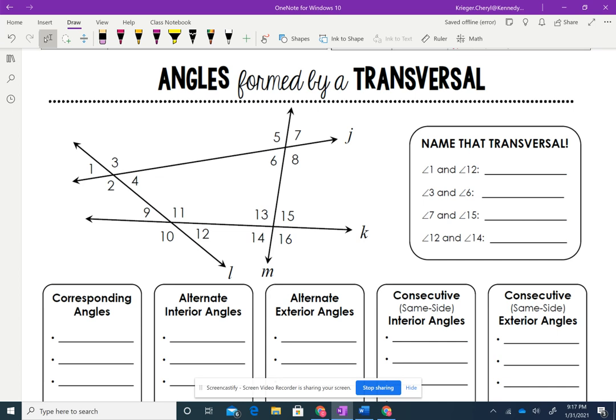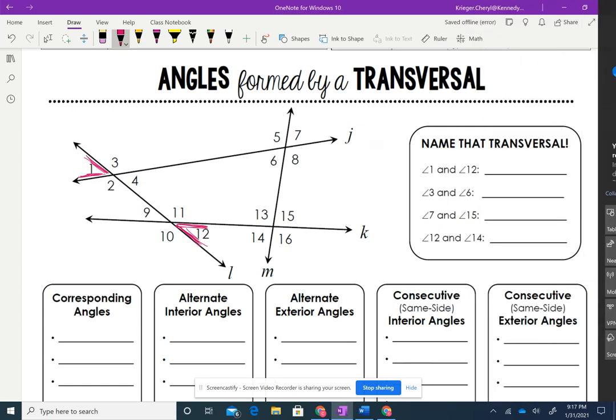Okay, name that transversal. Angle 1 and angle 12. Okay, so this is angle 1, and this is angle 12. What are they both connected to? Line L, that's the transversal.